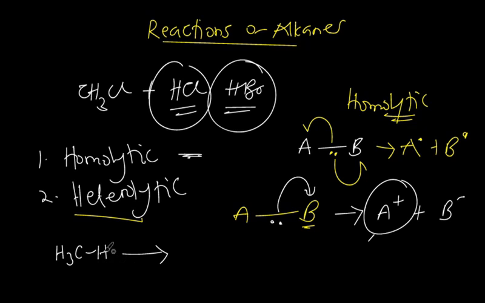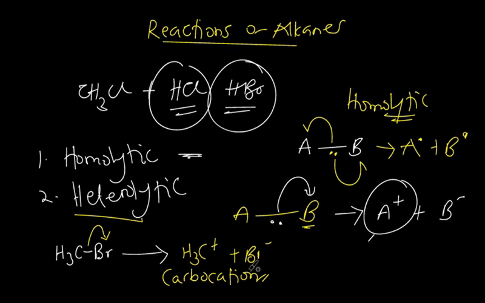Let me use methyl bromide, this is a perfect example. In this case, the shared pair of electrons is being put onto the bromine. So at the end we'll be getting what? A methyl cation plus a bromide anion. In this example, the methyl cation is what we call a carbocation.